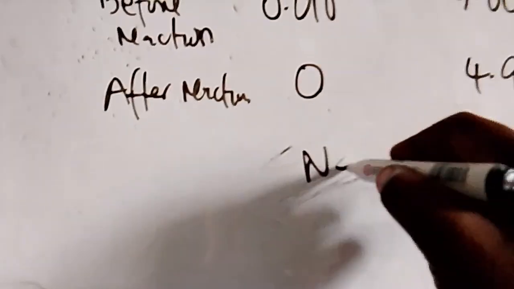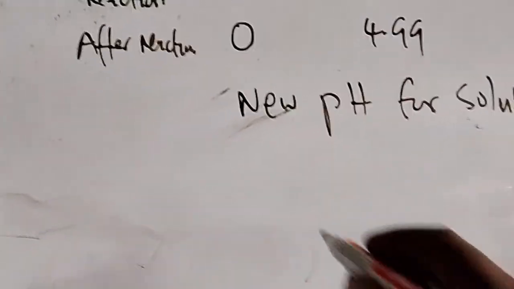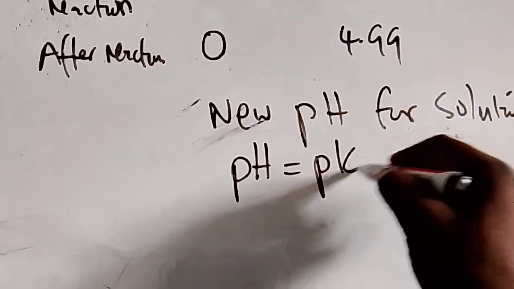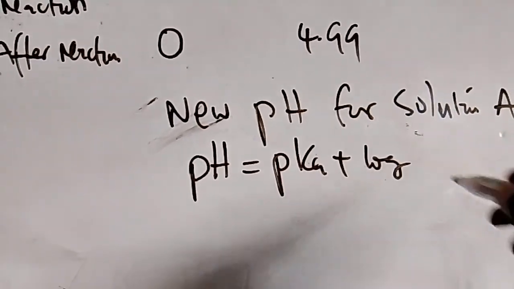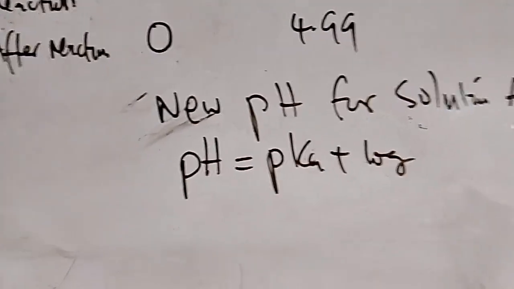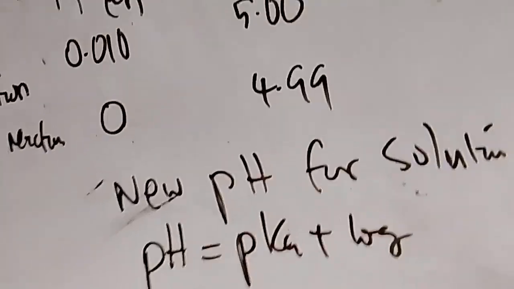So now let's determine the new pH for solution A. We'll use the Henderson-Hasselbalch equation, pKa plus log base over acid.